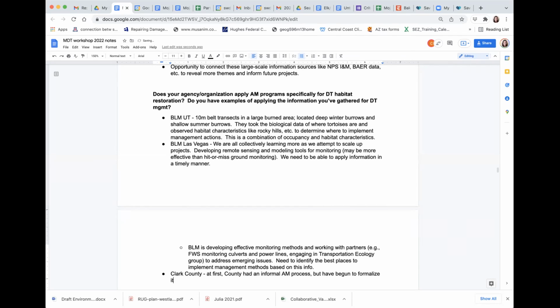We've also, like I said, Steph will talk to this a bit more in the presentation later, but we've used our desert tortoise occupancy data to decide where we should focus our restoration efforts on the easement. So we've done some of that, linking those two things together.